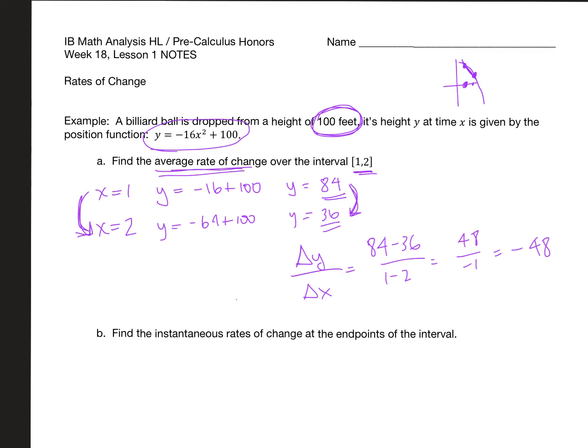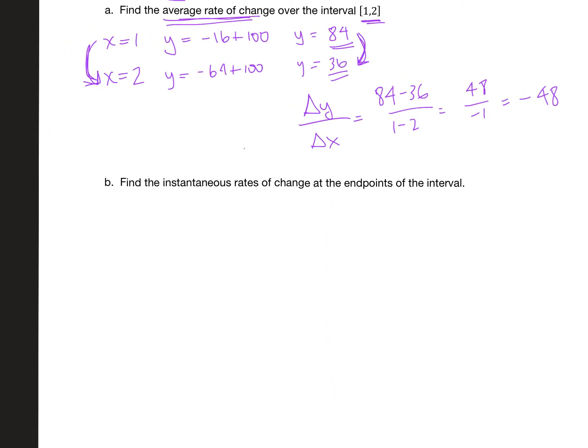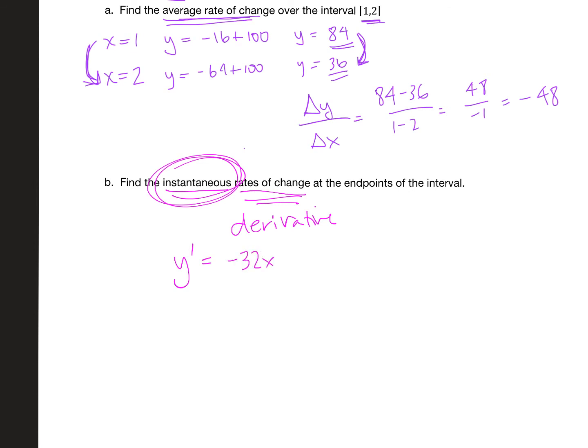Now, as you're looking down here, notice that it's asking a slightly different question. This question is asking for instantaneous rates of change. Instantaneous is dependent on the derivative. So let me find that derivative. I believe I get negative 32x.